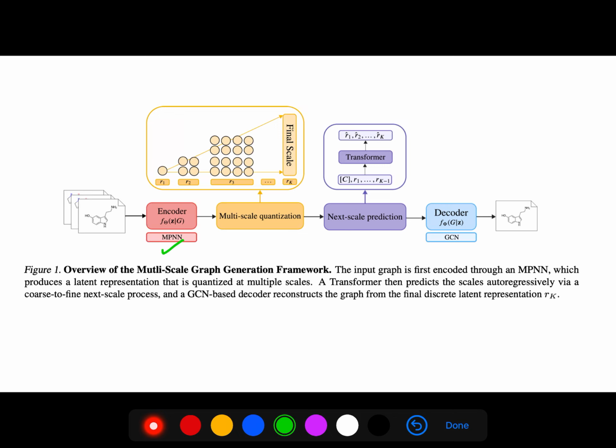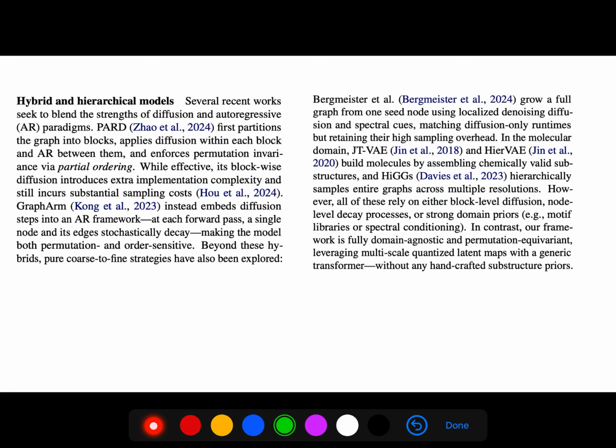And finally, a GCN is our decoder to reconstruct the graph from the discrete latent representation R sub k. So these are latent representations, R1, R2, R3, Rk, that we give to the transformer, because they are quantized at multiple scales.